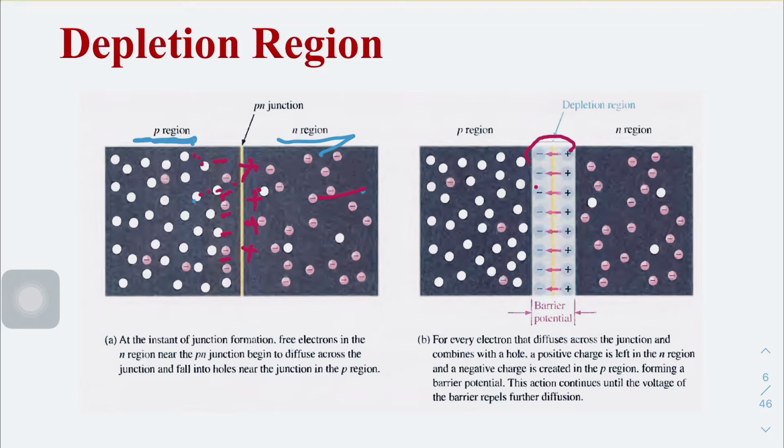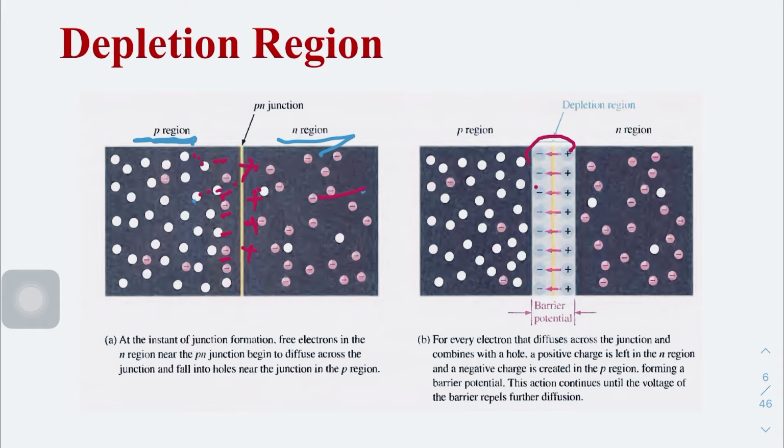At this point, a potential barrier is created in the depletion layer, and this potential barrier, or built-in voltage, depends on the type of semiconductor, the temperature, and also the rate of doping.